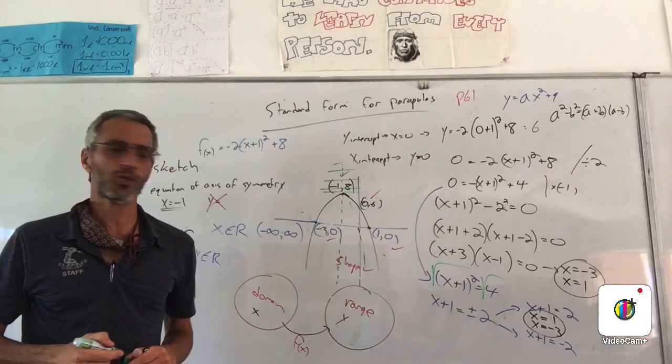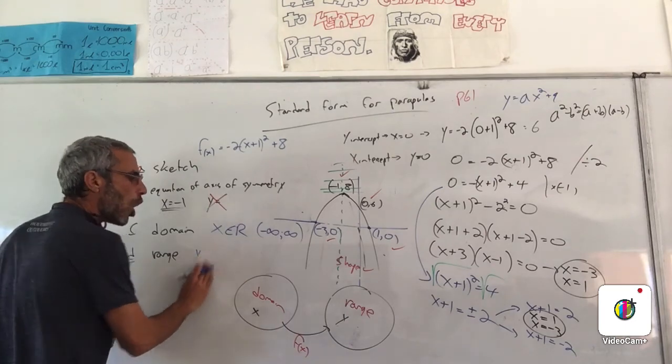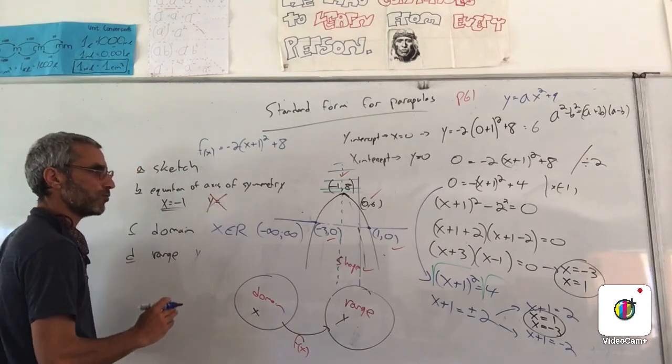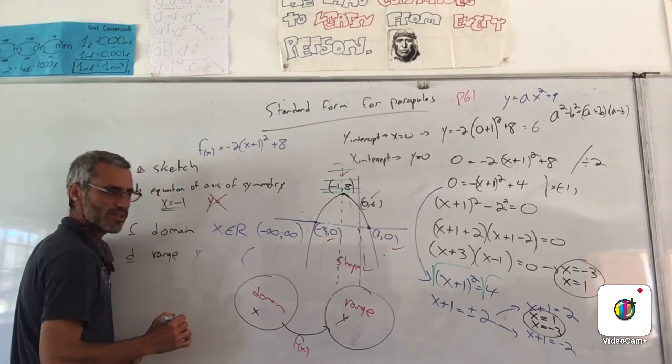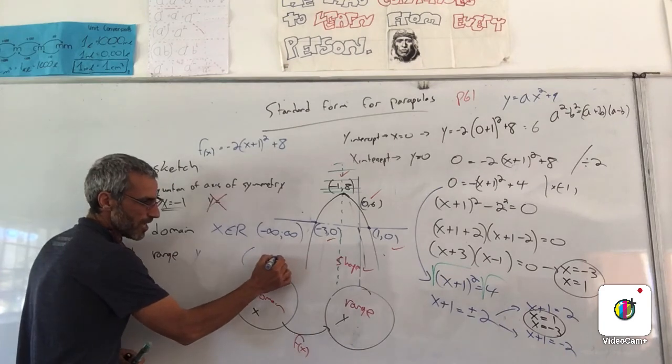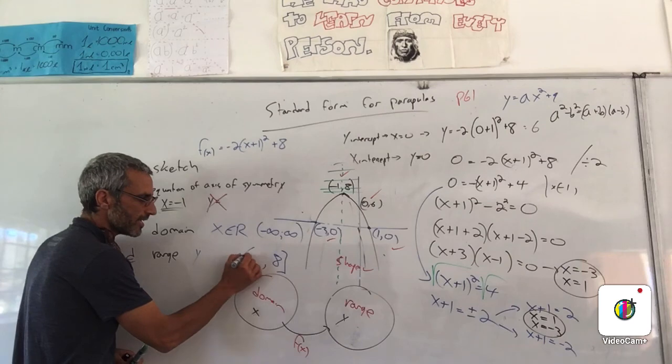Even 8.0000000000000000001 is not possible. So how are we going to write it? What are the possible values of y? Including 8, so we can do the brackets business. We're including 8, so we write a square bracket, and then negative infinity.